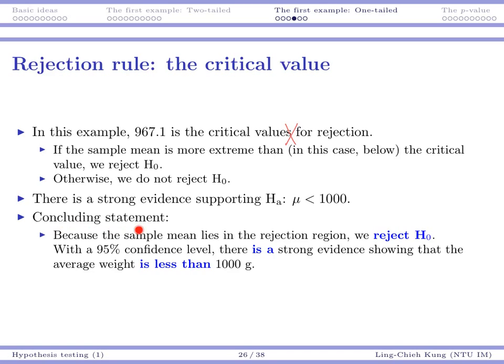So our concluding statement would be: because our sample mean lies in the rejection region, we reject H0. With a 95% confidence level, there is strong evidence showing that the average weight is less than 1000. We now have strong evidence to support the alternative hypothesis. We should shut down the machine and do something.